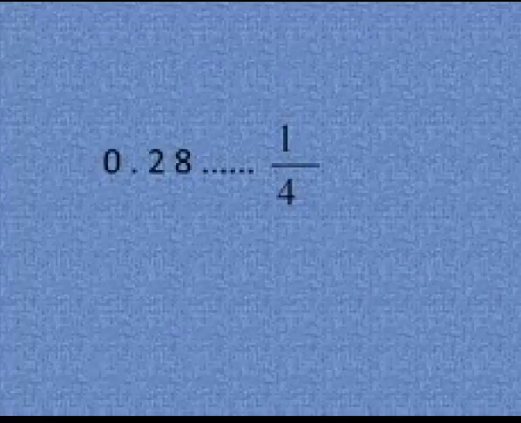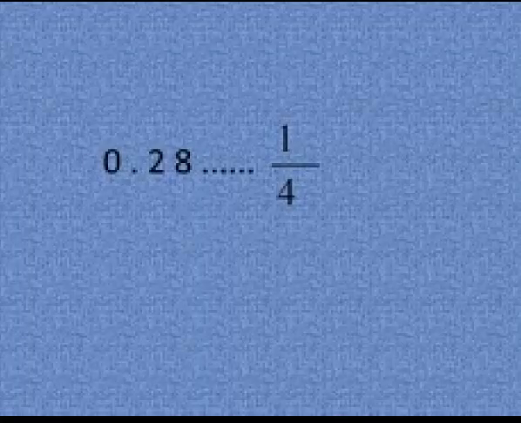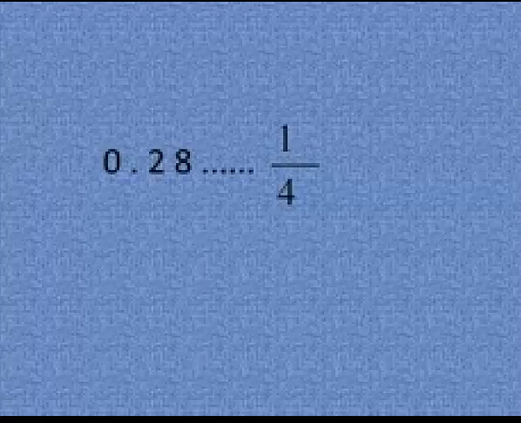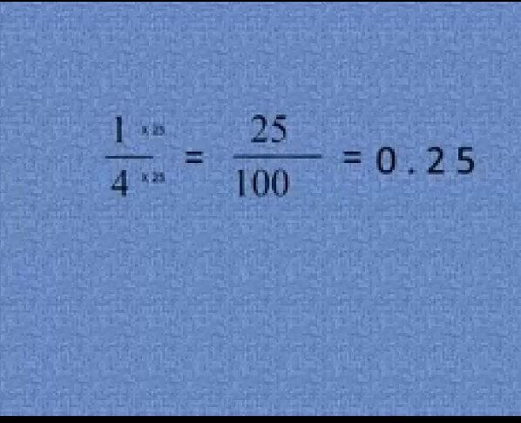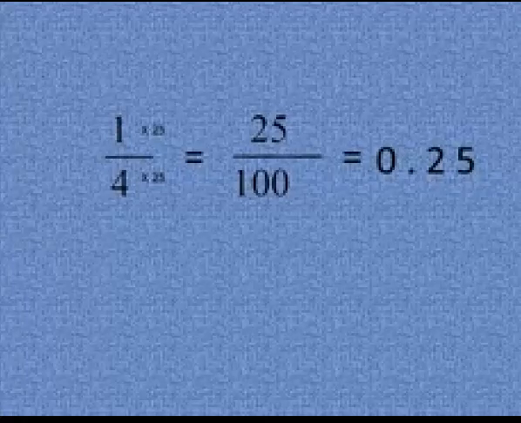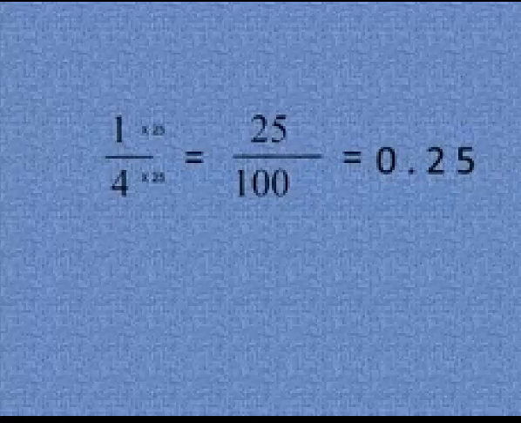Next example, 0.28 or a quarter. We must convert this fraction to a decimal. How? We multiply 4 by 25 to be 100, and multiply the numerator by 25 to be 25. So we have 0.25 equals a quarter.